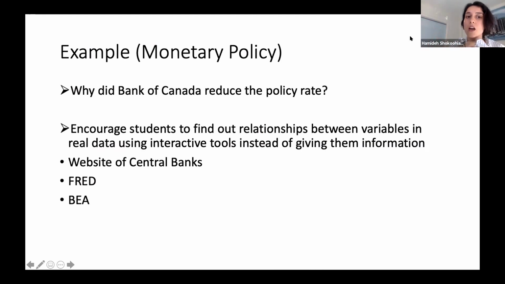I should also mention that my presentation is in the Canadian context, so you should adapt this to any other context that fits your class. The question that I ask them is: why did the Bank of Canada reduce the policy rate?